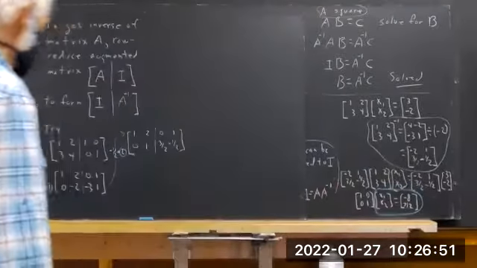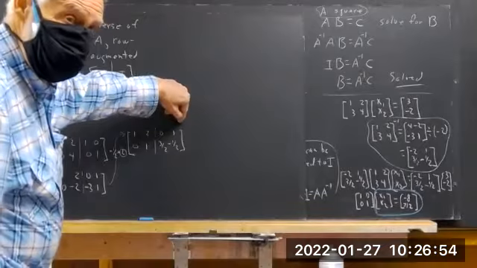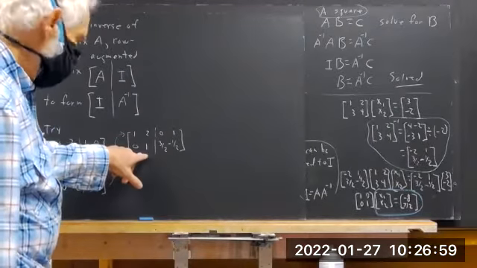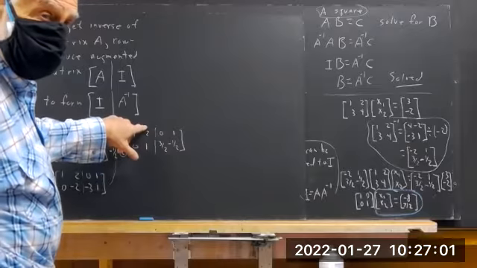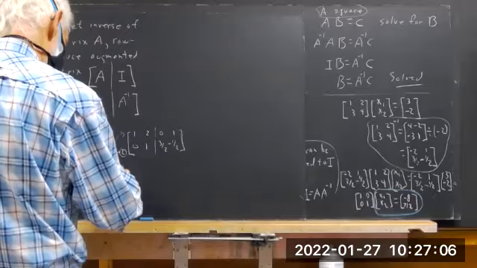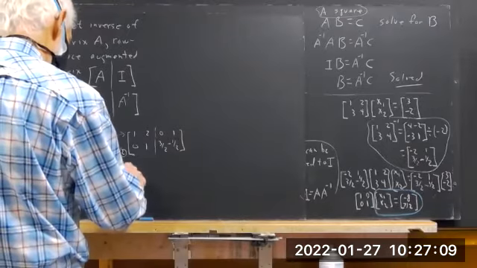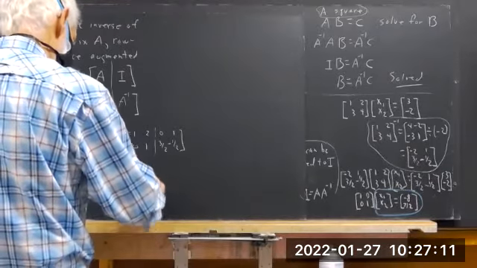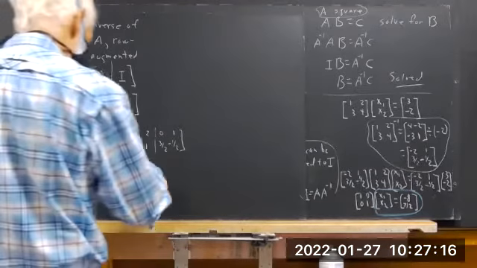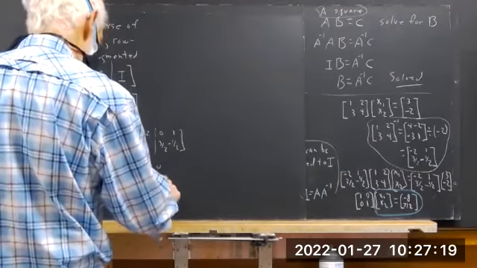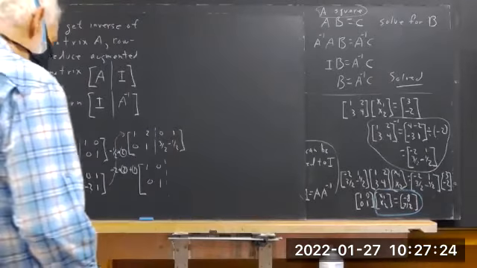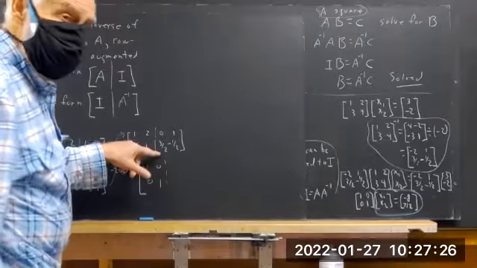But we still don't have the first row because we haven't completed the reduction. We've got to subtract double the second row from the first, right? And that'll give us a 0 here. So we do -2 times the second row plus the first row gives us, of course, 1, 0, 0, 1. That's why we did it. And -2 times 3/2 is -3.